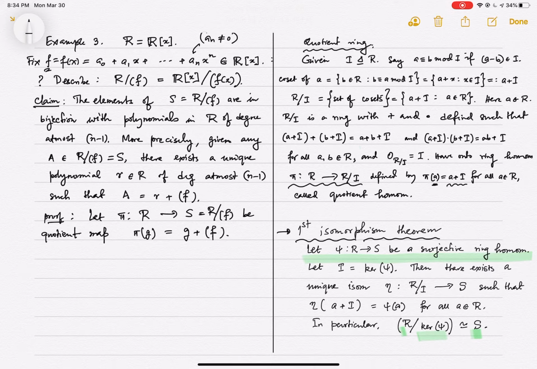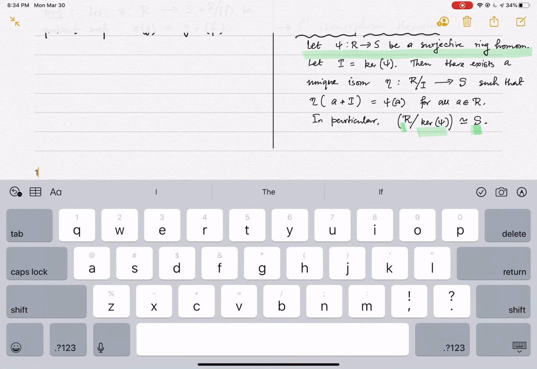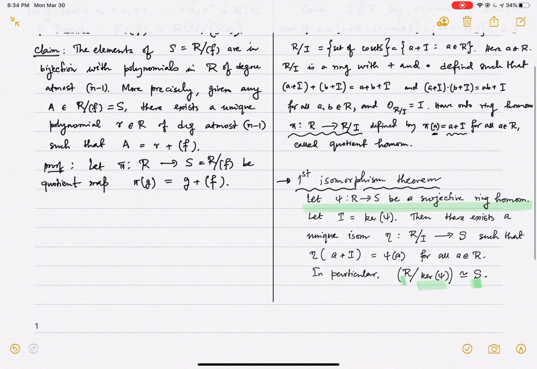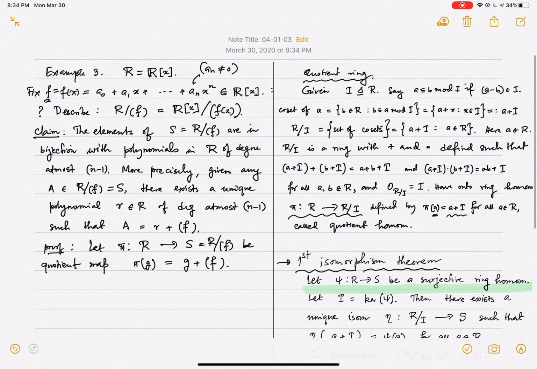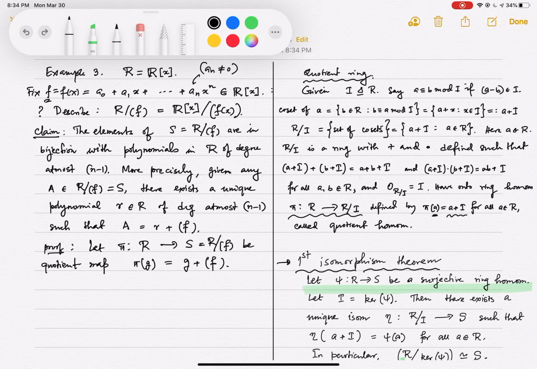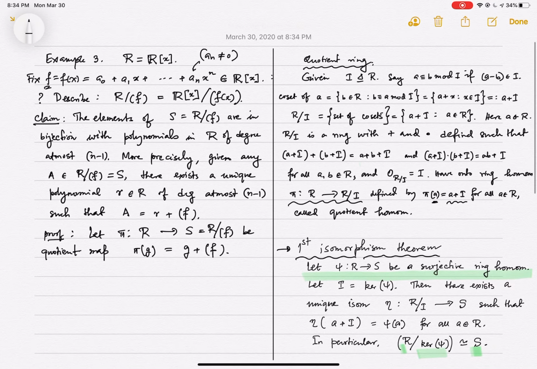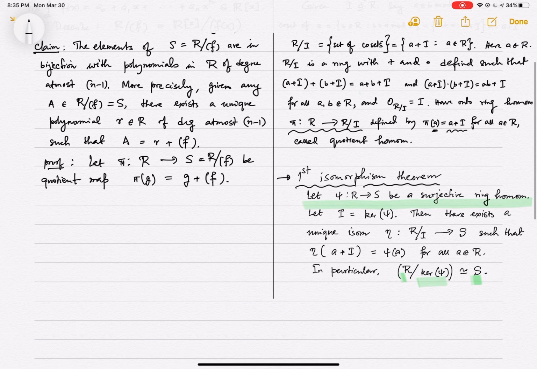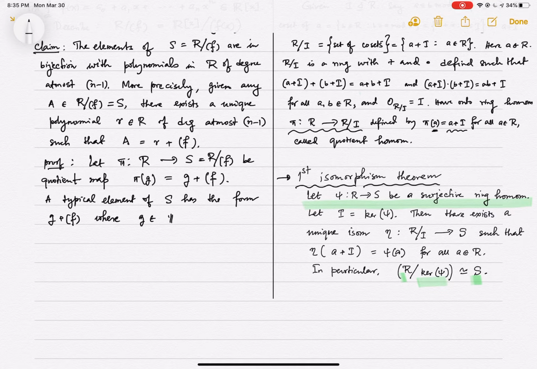So a typical element of S has the form G plus F, where G is some polynomial.